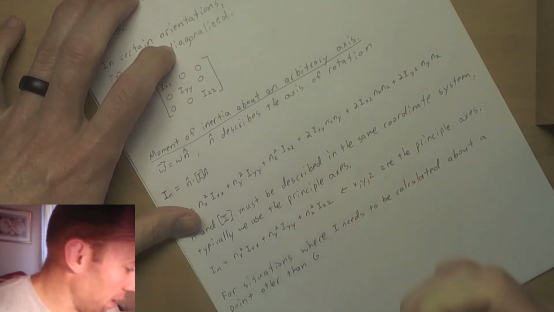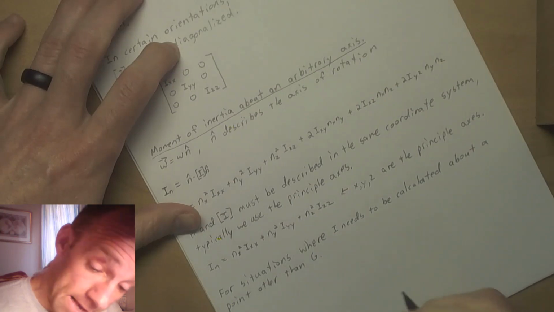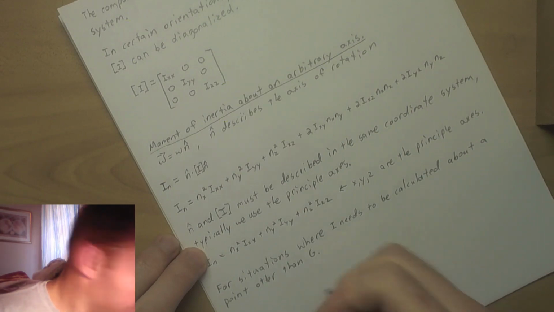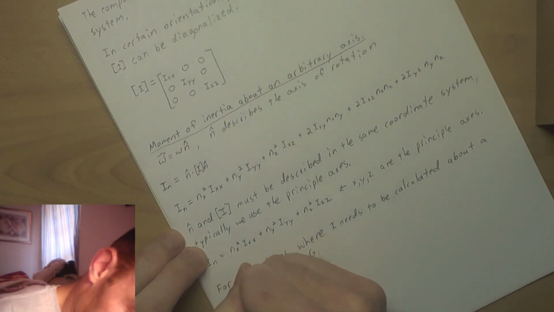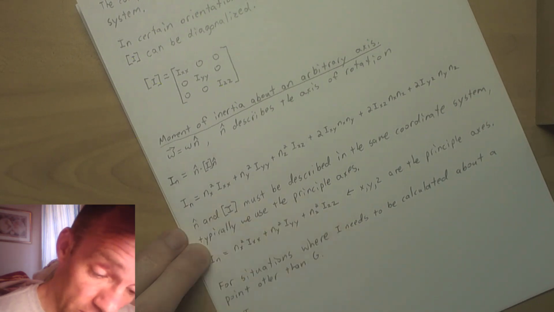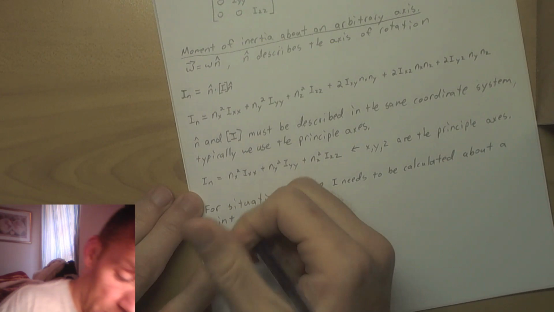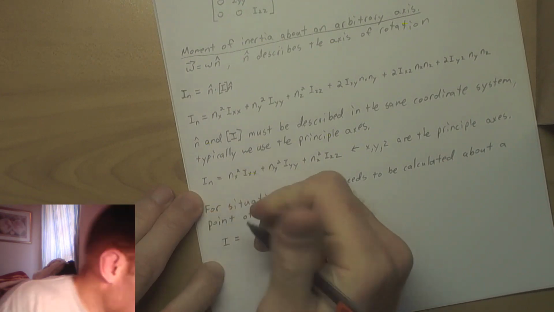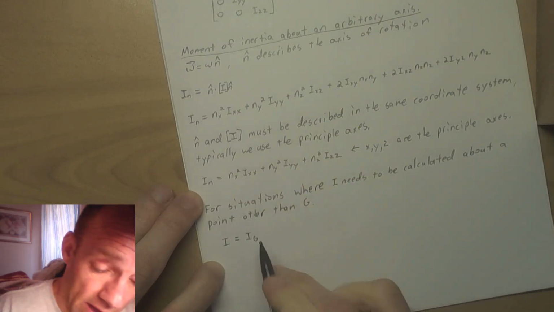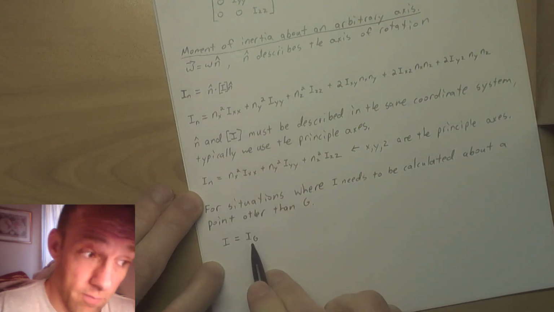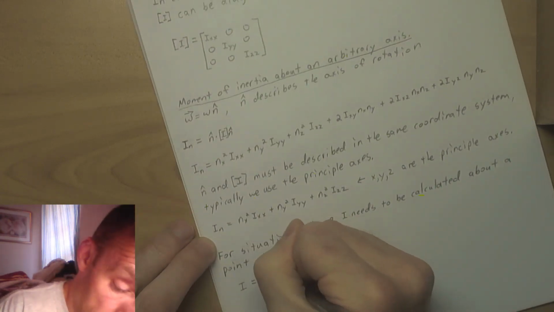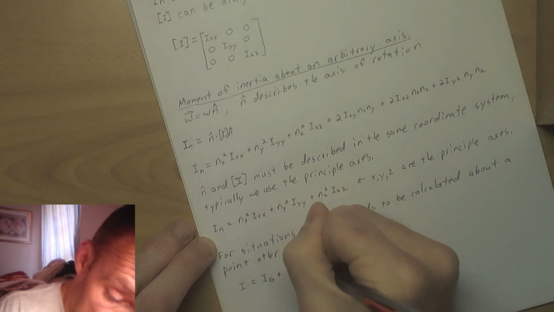So if I need to translate it, then the moment of inertia, we're talking about just the scalar moment of inertia, just the single number, is going to be equal to the scalar moment of inertia calculated from the center of mass plus this additional term.